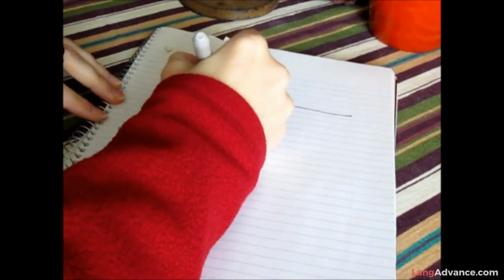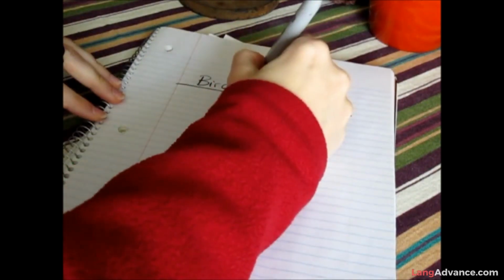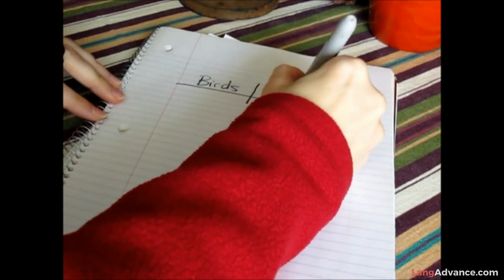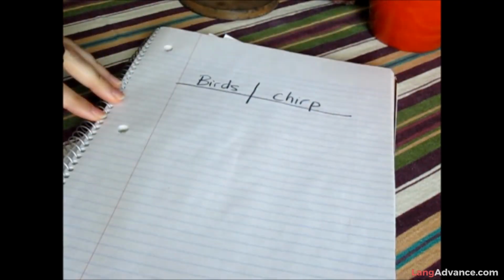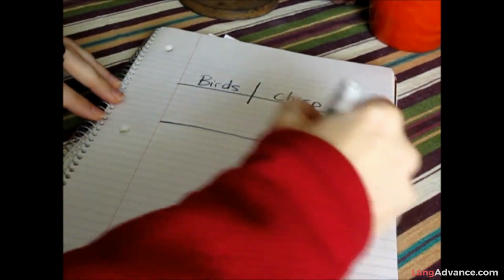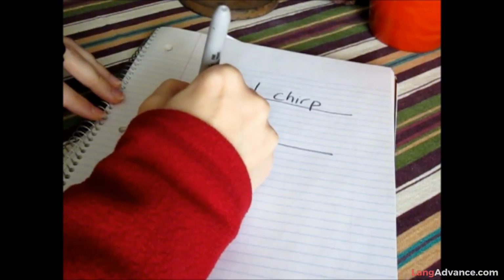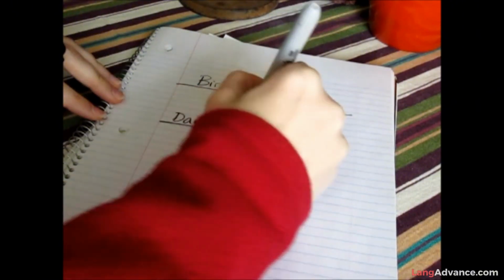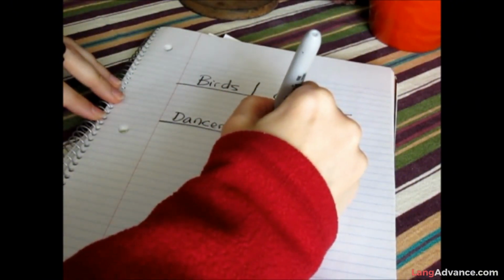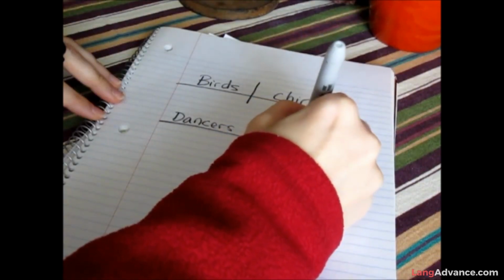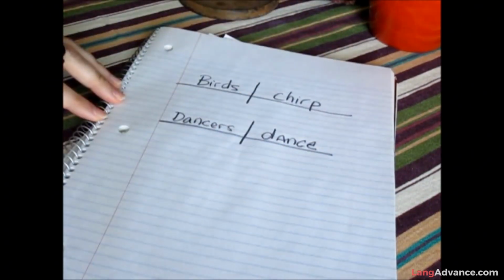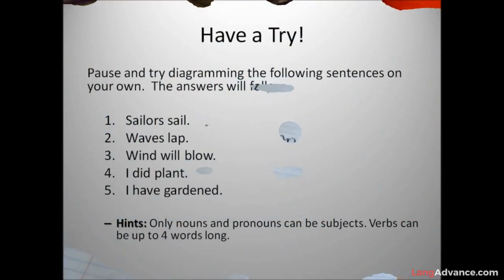I will diagram the sentences birds chirp and dancers dance. So in birds chirp, birds is the subject, chirp is the verb, and in the sentence dancers dance, dancers is the subject, and dance is the verb. Okay, so it's quite simple. One baseline and one divider line per sentence.